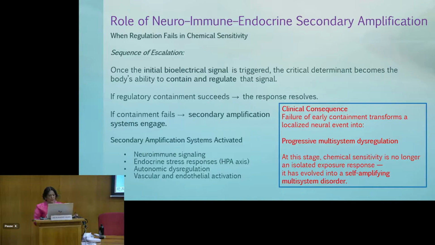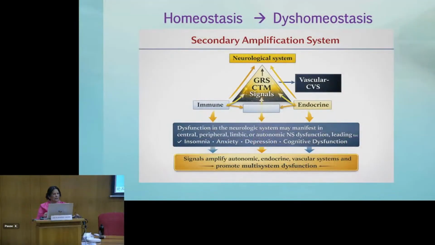It evolves into a self-amplifying multi-system disorder where the secondary amplification system comes into the picture: the neuroimmune endocrine system gets activated, the vascular and cardiovascular system gets activated, and dysfunction in the neurological system manifests as central, peripheral, limbic or autonomic nervous system dysfunction, leading into common complaints like insomnia, anxiety and depression, and cognitive dysfunction. And so there is a multi-system dysfunction.